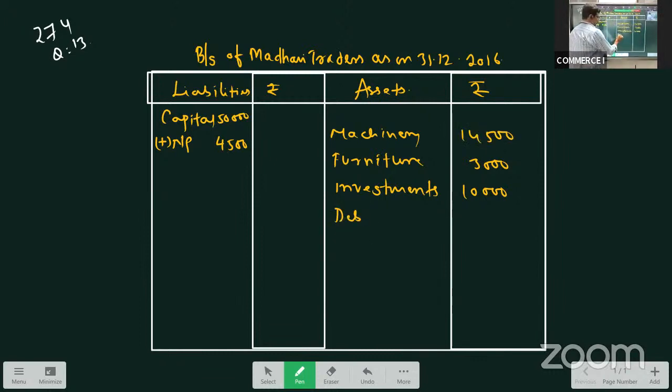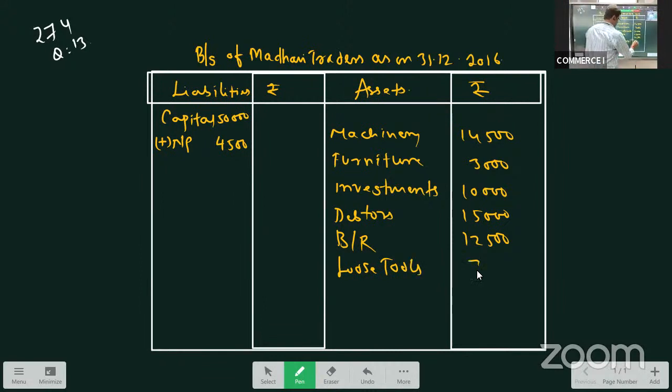Debtors are also assets, they are current assets, 15,000. Bills receivable, current asset, 12,500. Loose tools are like spanner, screwdriver, hammer. All these things are called loose tools. That is 3,000.